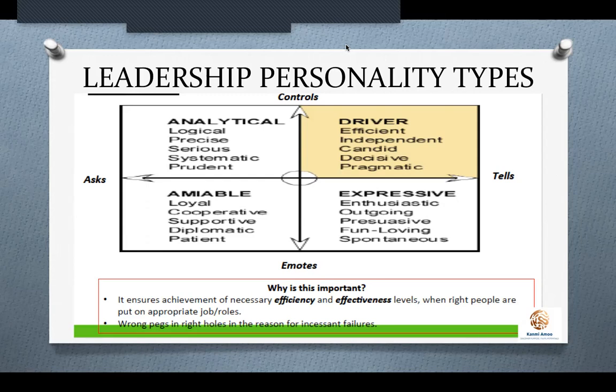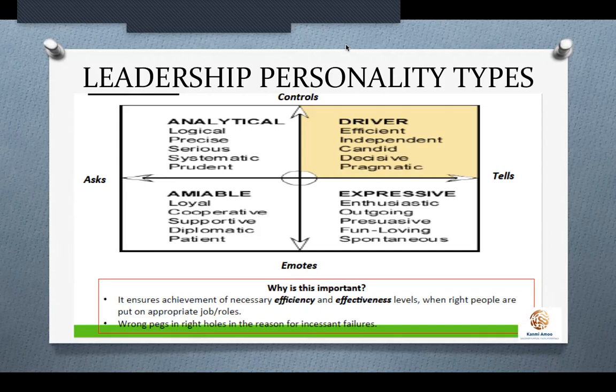So some are drivers. The drivers amongst us are highly efficient. They are independent, they are candid, they are decisive, and they are very practical, pragmatic. Some people are expressive personality types: highly enthusiastic, outgoing, persuasive, fun-loving, spontaneous.